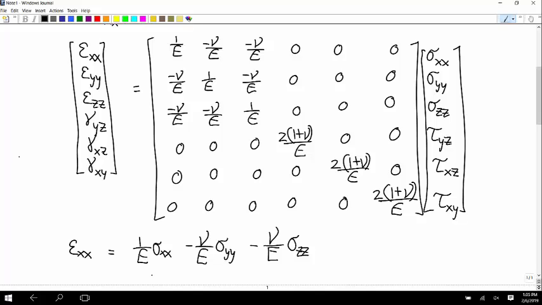And so this shows you the dependence. The only stresses that matter for determining the X normal strain are the 3 normal stresses.